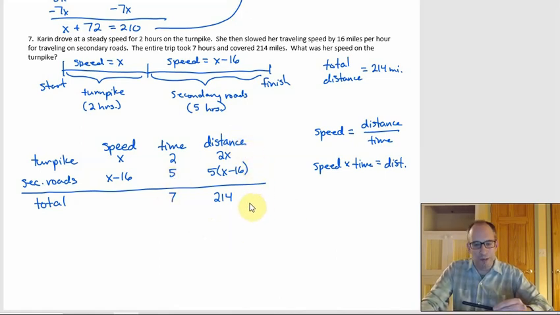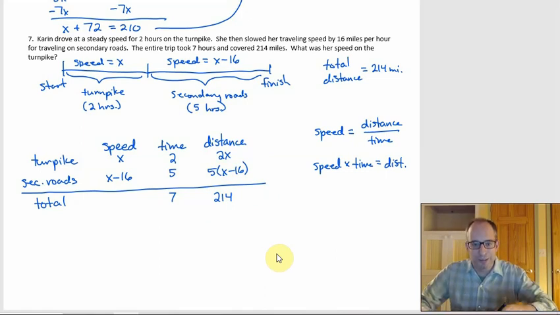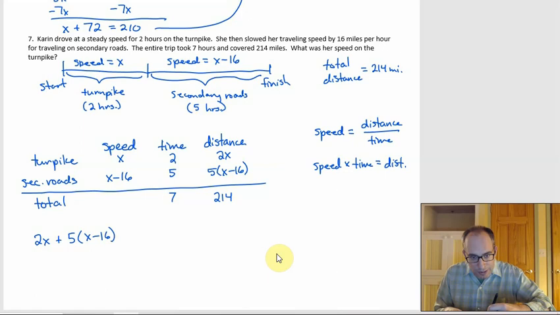We've got this column where we're saying we got this total that would have to be equal to what you get when you add these other pieces together, right? So this does look kind of familiar, but that's good that they're so similar, right? Like that provides some consistency at least. But then it is true that you would have to get 214 when you added 2x and 5 times the quantity x minus 16. So that should be equal to 214.